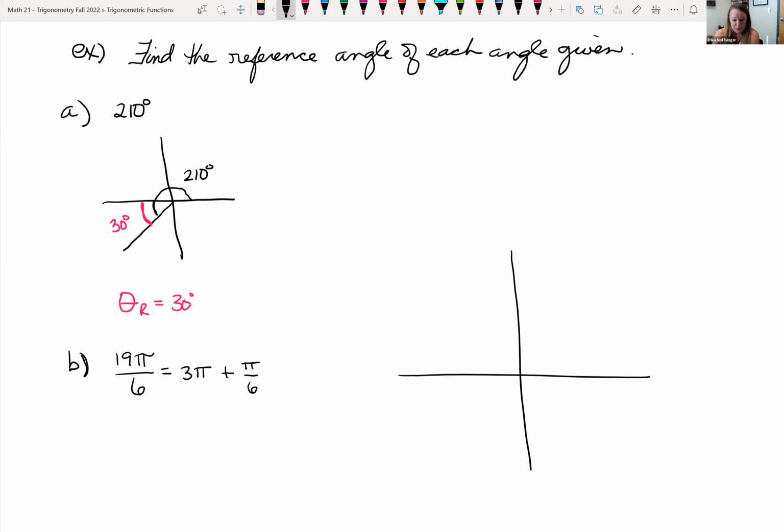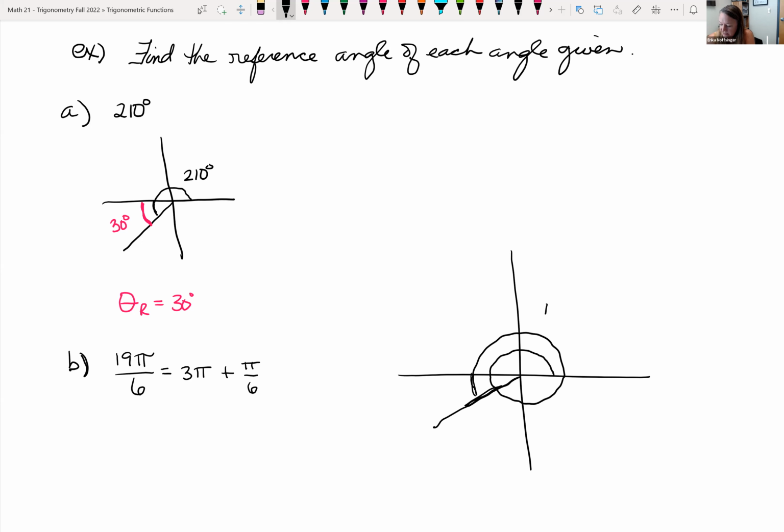So that helps me figure out how I would write this. And so if I'm starting on the standard position, going counterclockwise, 3 pi first. And so here's pi, full rotation is 2 pi, and then we have 3 pi, and then adding pi over 6 to that 3 pi. That's about right here.